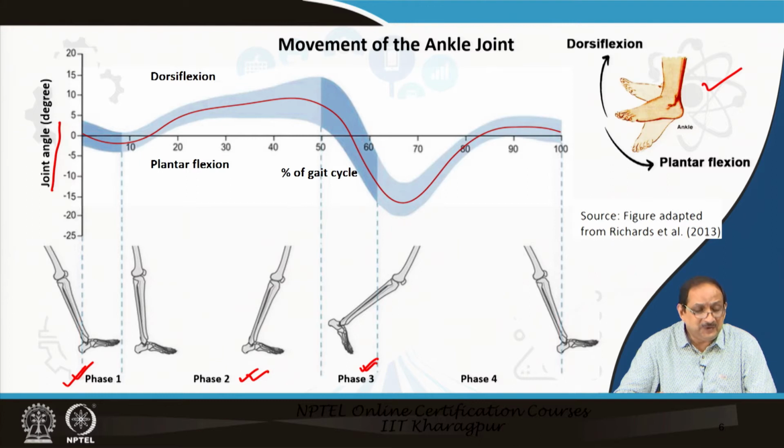During phase 3, it is basically the beginning of the double support phase. Phase 4 is actually the swing phase, where the ankle rapidly dorsiflexes. So, during the swing phase, the foot is not in contact with the ground.